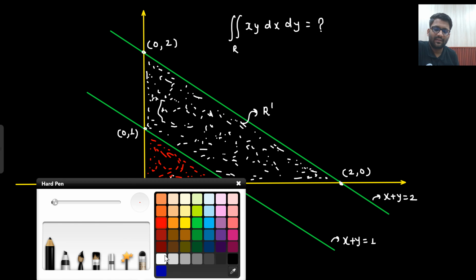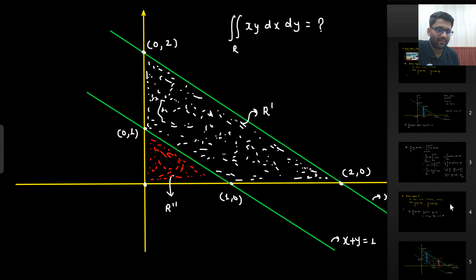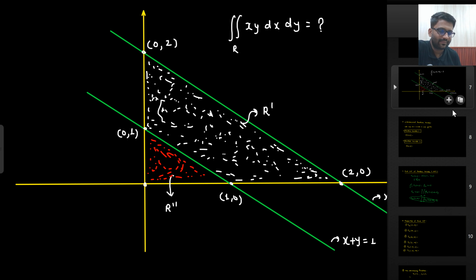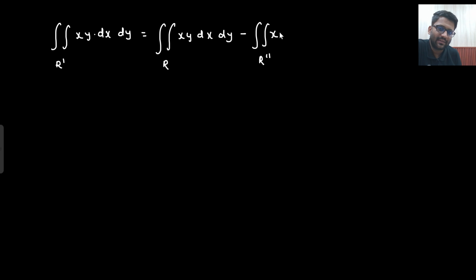So can I say that this integration of xy dx dy over R dash, this region is my R dash, would be equal to the integral over region R of xy dx dy minus the integral over region R double dash of xy dx dy. Say yes or no.